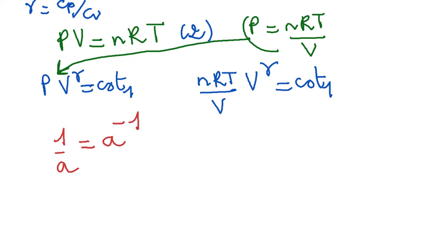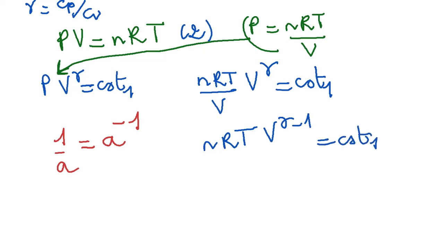So 1 over V is V power minus 1. At the end of the day, I have V power gamma and V power minus 1, so I can gather both together and have V power gamma minus 1. This is what I'm going to write here, equal to constant 1.